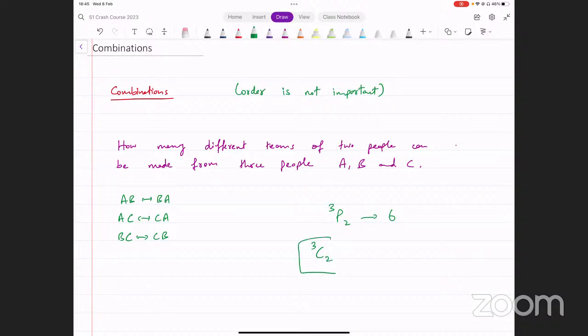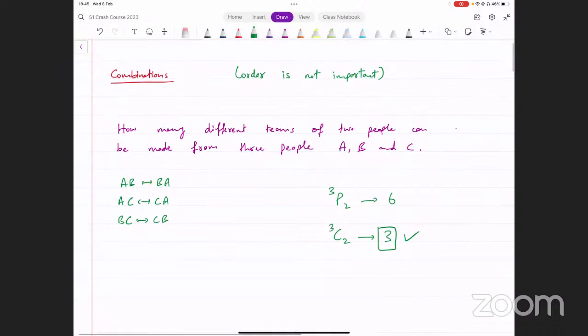This is actually where that function comes from. It's actually a combination function where you are choosing 2 out of 3 objects. What's the number of possible ways of choosing 2 out of 3 objects? If you were to try this on a calculator, 3C2, this gives you 3, and that is what you were actually looking for.